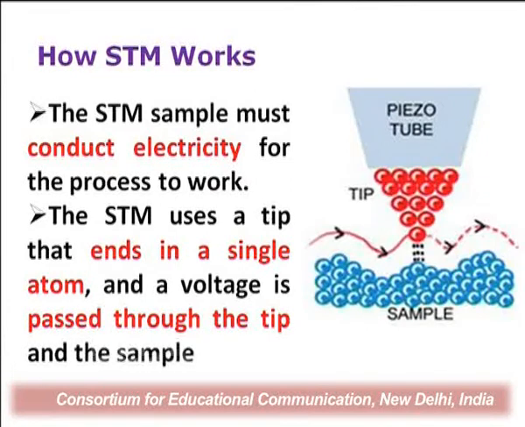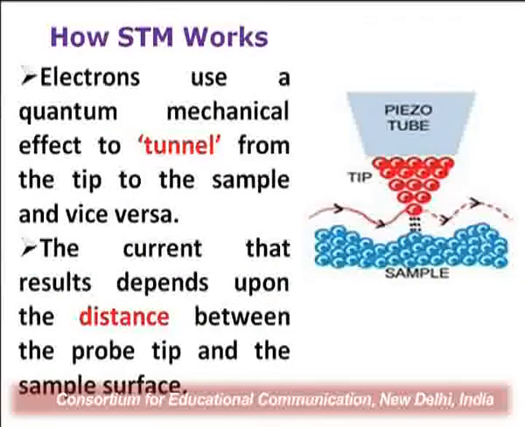Step 1: the STM sample must conduct electricity for the process to work. This means there must be a current flow between the tip and the sample. The STM uses a tip or probe that ends in a single atom, and a voltage is applied between the tip and the sample to adjust the height.